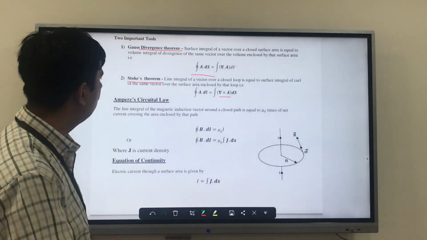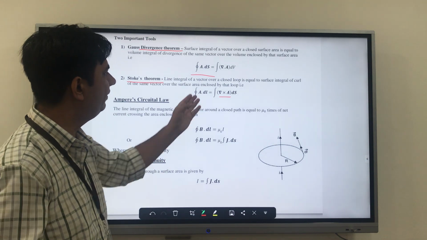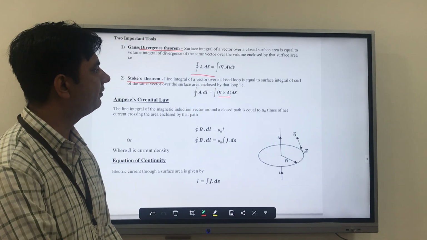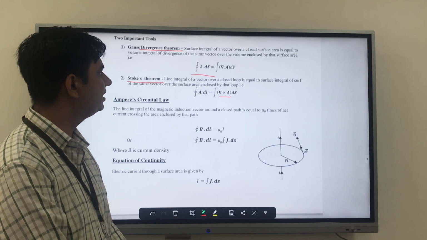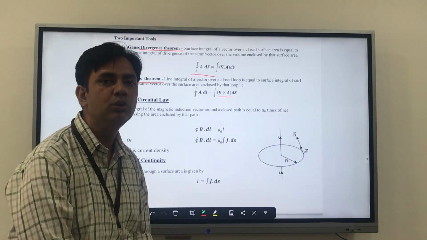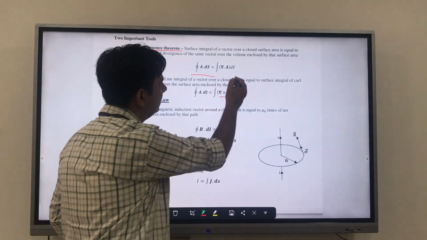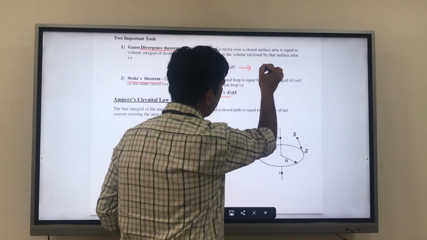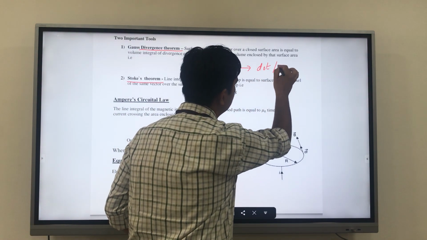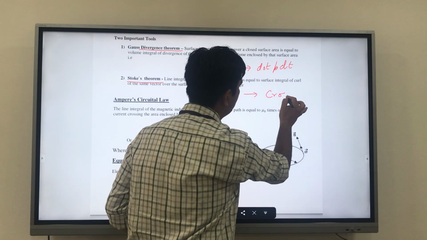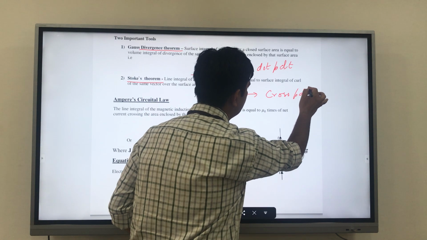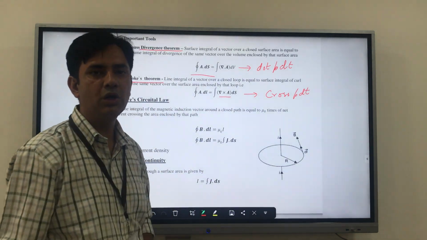Now, if you talk about Stokes' theorem, the line integral of a vector over a closed loop is equal to the surface integral of the curl of the same vector over the surface area enclosed by that loop. That means this one is based on the dot product, and this one is based upon the cross product.